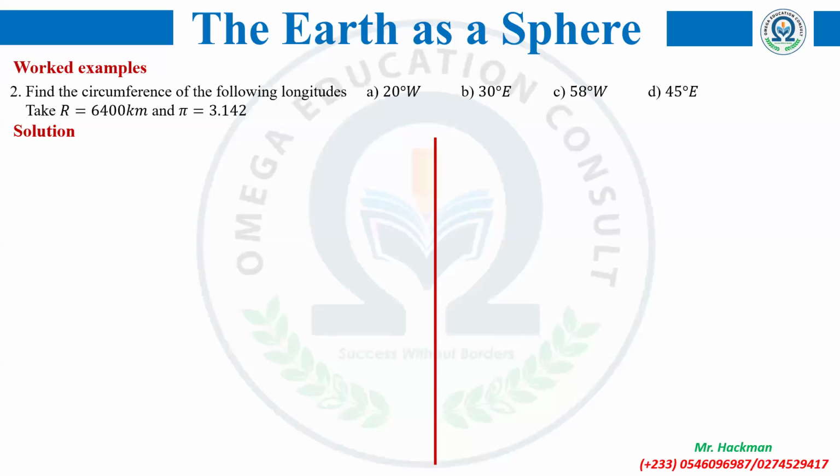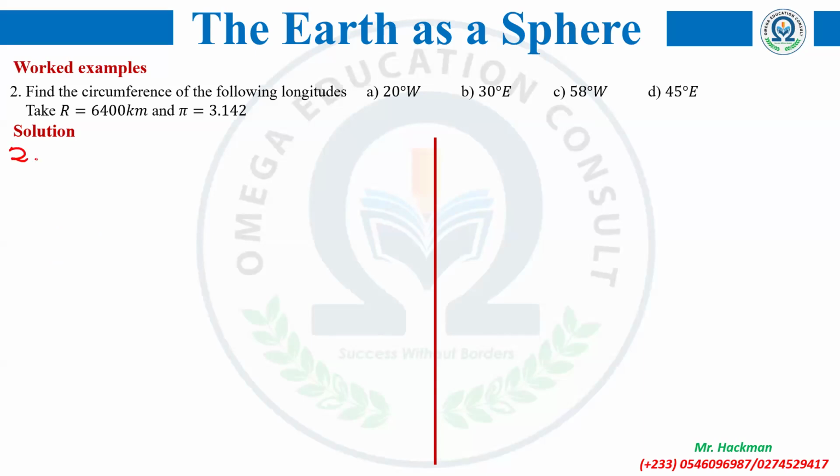All longitudes are great circles. Remember I told you, the only latitude that is a great circle is the equator, which is latitude 0 degrees. Is my point well made? Yes. So all longitudes are great circles.